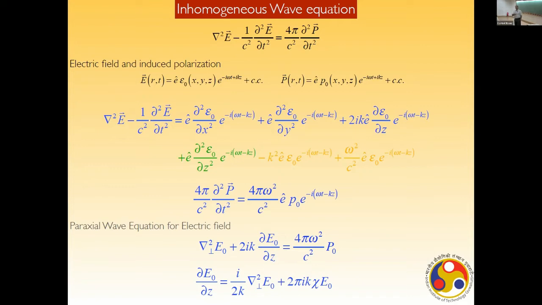If you nullify this term, you can propagate the electromagnetic energy from one place to another without any diffraction, provided the imaginary part of the susceptibility goes to zero. Otherwise, you cannot transmit the energy from one place to another. Therefore, you have to engineer this chi in such a way that the real part of chi can compensate this diffraction part, and the imaginary part of chi should be zero.